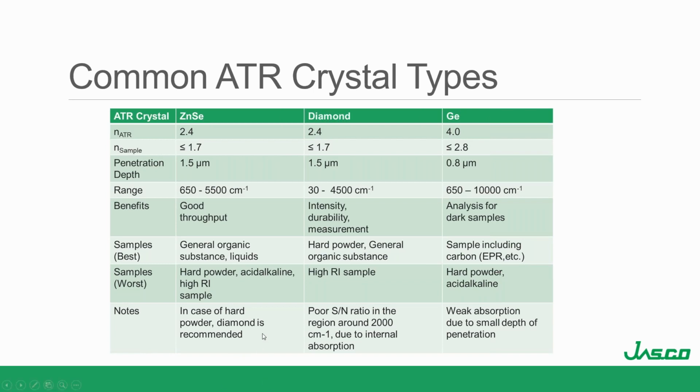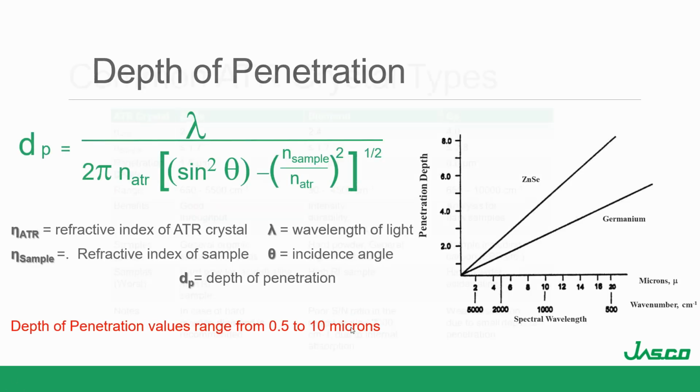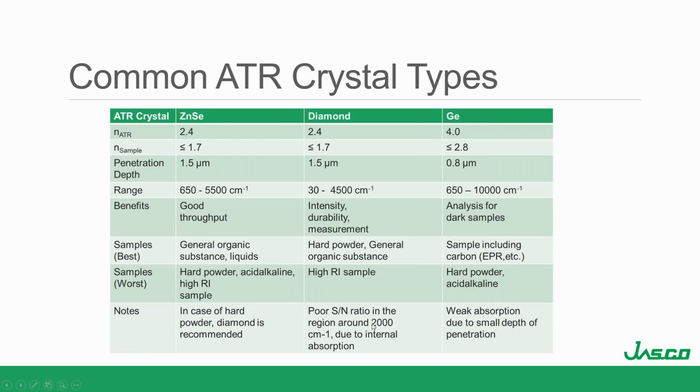The only downside of diamond is that at 2000 it does have some absorption, so you have a lower signal to noise in this region.